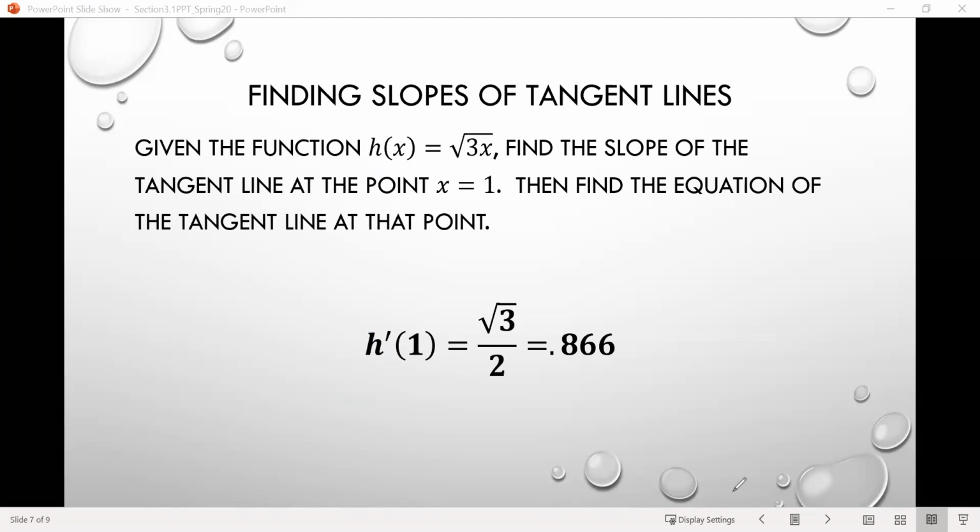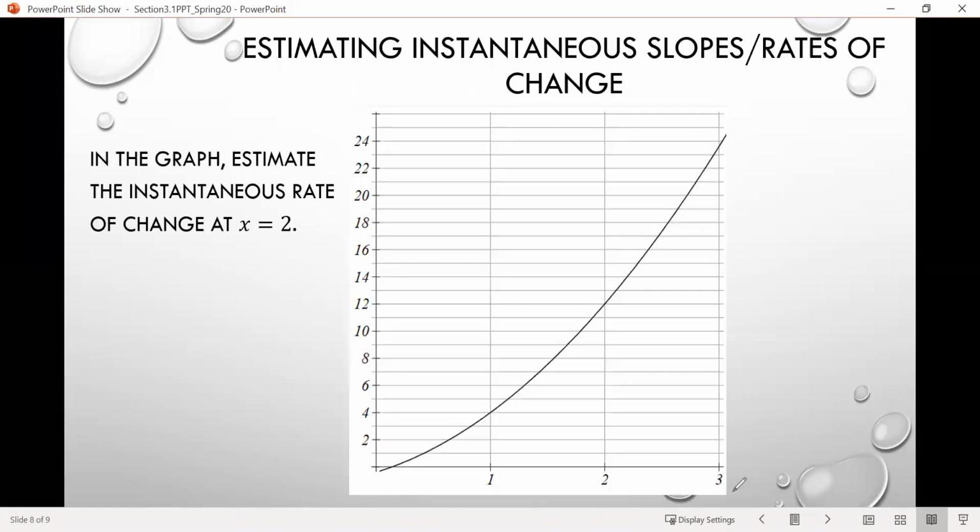Cool. All right, one more thing. Let's suppose that we're given a graph, and we don't have the formula for the graph, or the function, this time. And they want us to find the instantaneous rate of change at the value x equals 2. So here, at this value.